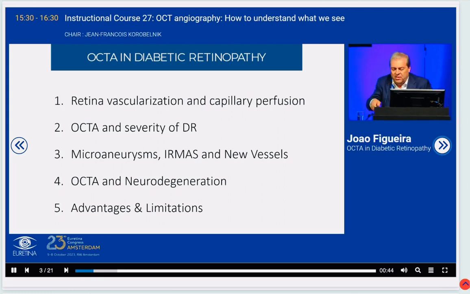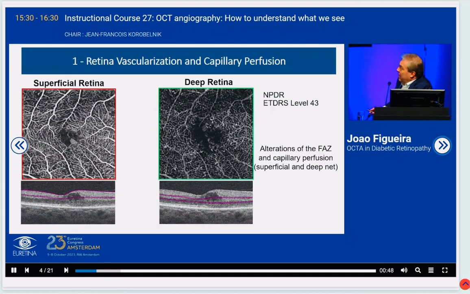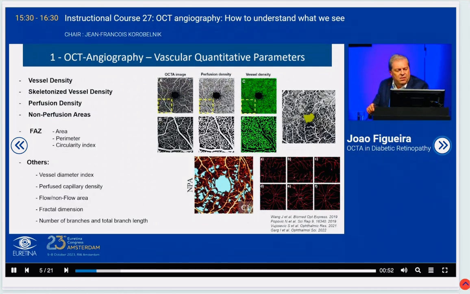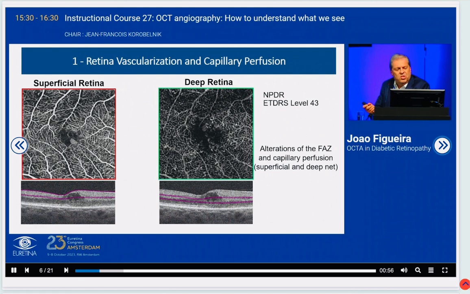These are the topics that I will go through in this presentation. As presented before, for the first time in vivo, it was possible to show a superficial and a deep retinal plexus in the retina. And of course, it has been proved that both of them are altered by diabetic retinopathy progression.